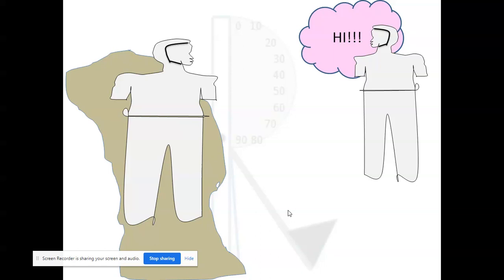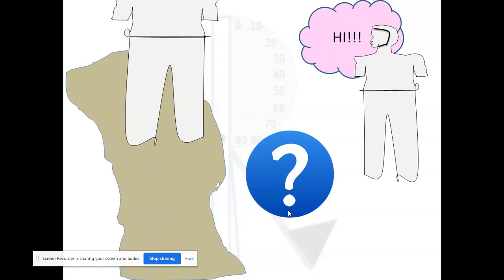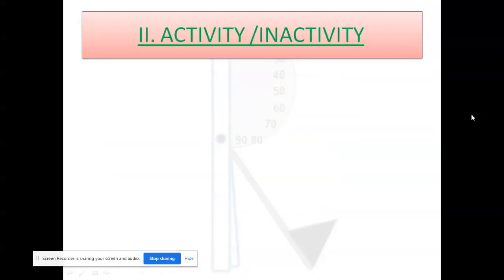But in response to the hi, he doesn't understand whether he knows the person or not. So he continues walking. That is nothing but cognition deficiency or cognition variability. Person A can be the same age as person B. This is nothing but variability in cognition.